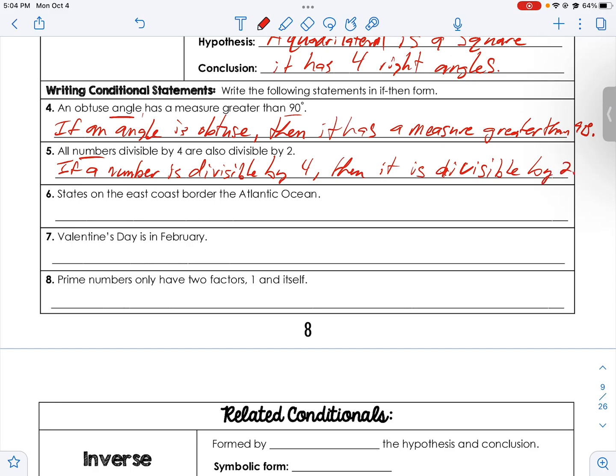Notice we cut a few of the words out and rewrote it. We didn't put the word also, and we didn't put the word all. But if it's a number divisible by 4, then it is also divisible by 2.